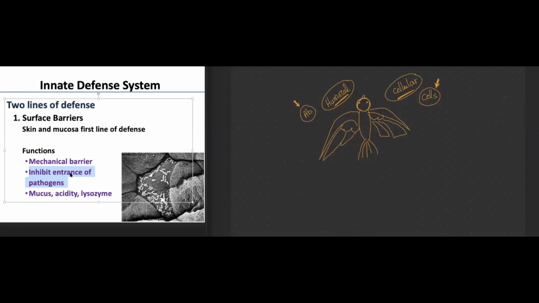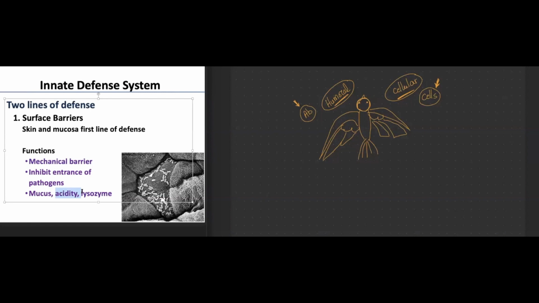Virus will be able to directly adhere itself to the cells and to proliferate rather than stick to the mucus and you wash it out of your airways. So, mucus, like in the airways, acidity, like in the gastric mucosa.